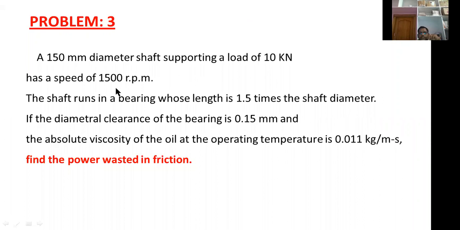Now coming to the third problem. The given problem is a 150 mm diameter shaft supporting a load of 10 kilonewtons.